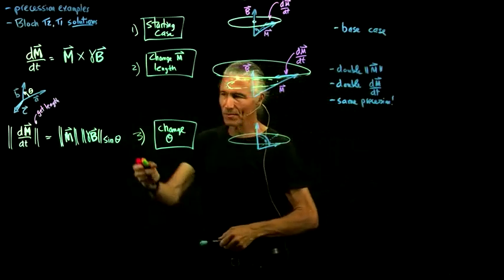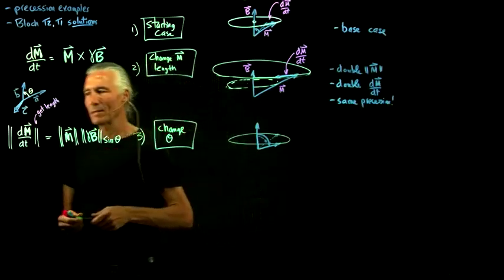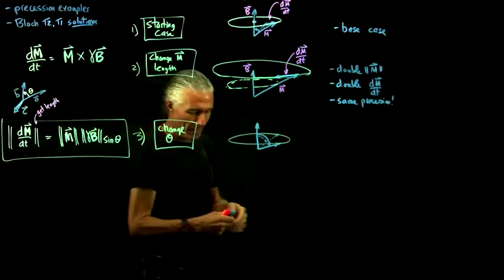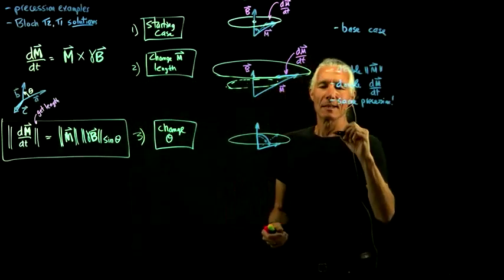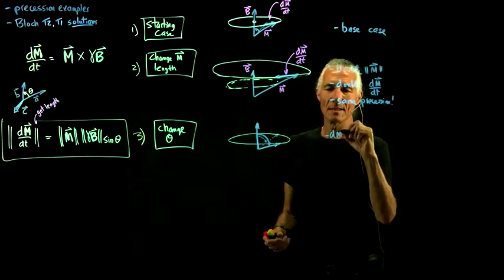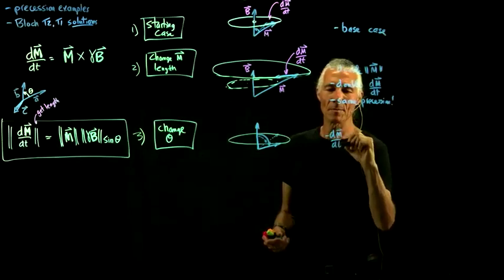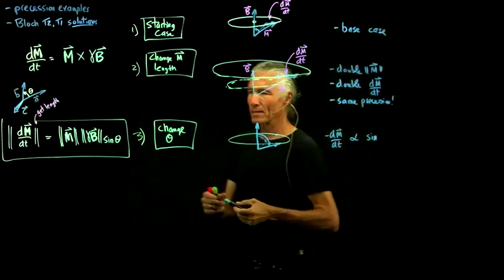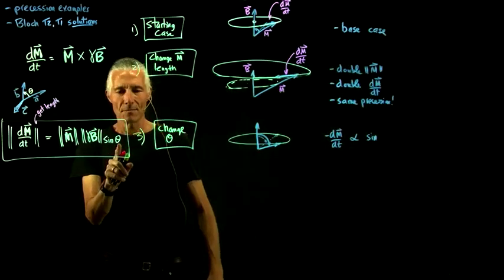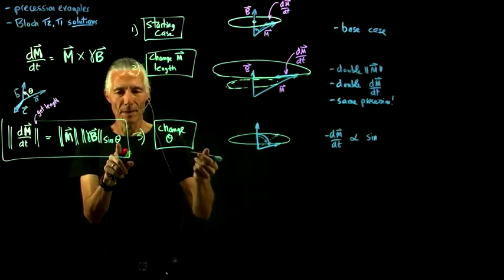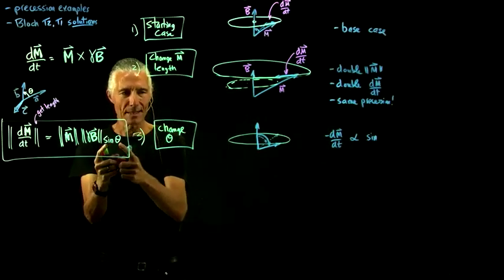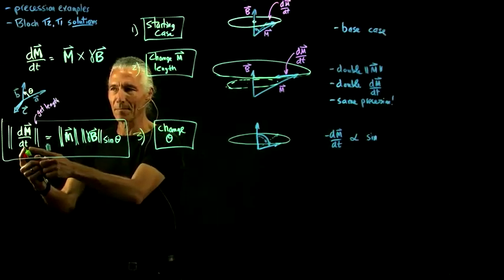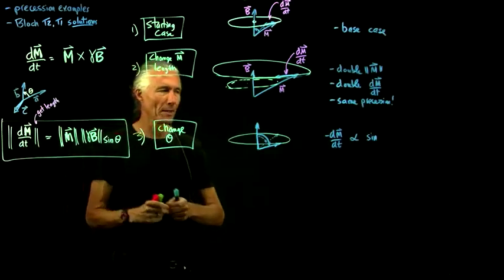But let's just look at this equation here just to see what's going on. So what's going to happen is the dM/dt will be proportional to the sine of the angle, because if we make the angle bigger and then we take the sine of it, that's the factor that we'll have to multiply this dM/dt by to figure out how big it's going to be.